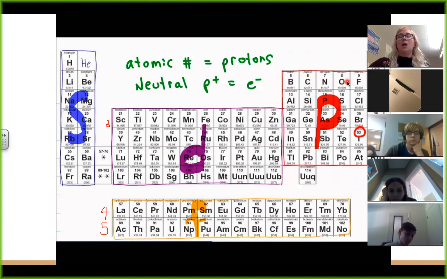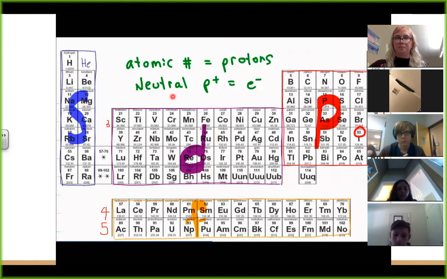Chlorine: 1s2, 2s2, 2p6, 3s2, 3p5. Perfect. So pretty much as long as you are doing any element with less than 20 electrons, it's pretty self-explanatory. Excellent job, Bella. That's exactly right for oxygen. That's a perfect configuration.